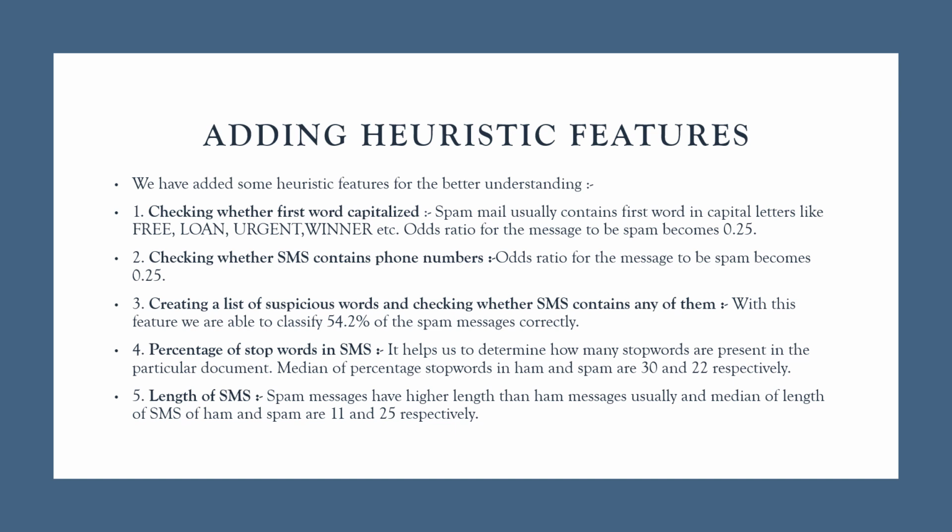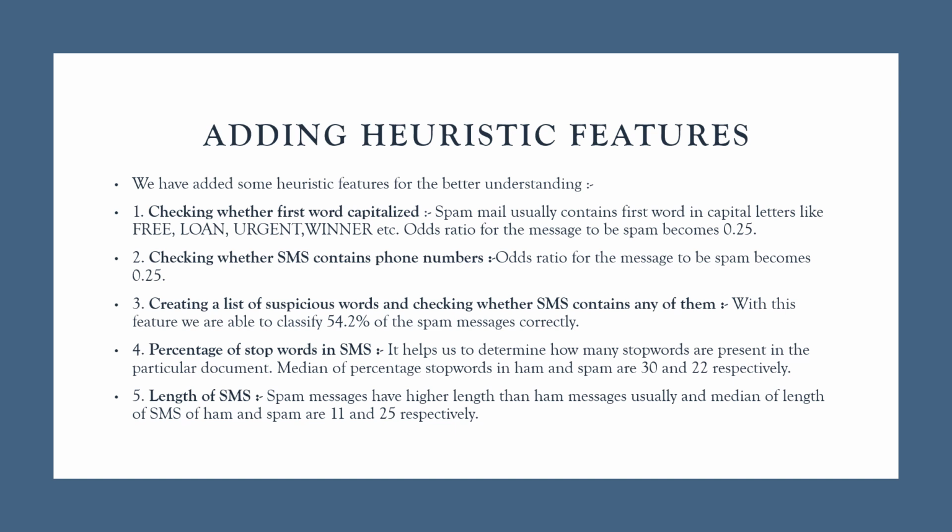So by checking whether the first word is capitalized or not, we were able to see that the odds ratio of the message to be spam becomes 0.25, and the odds ratio by using the feature whether it contains phone numbers or not, that also becomes 0.25.